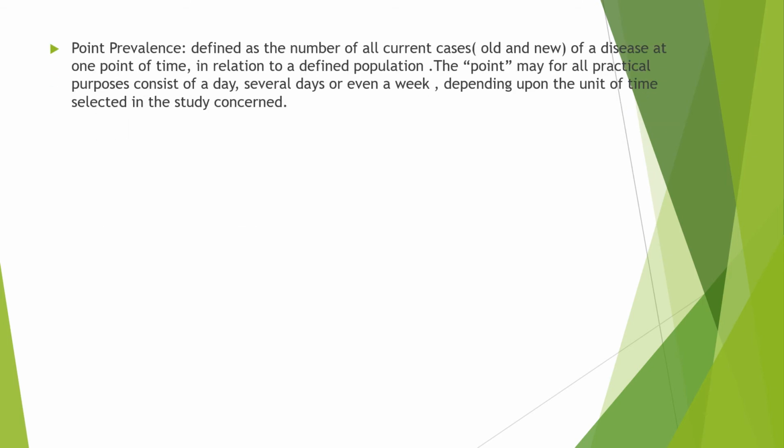It is defined as the number of all current cases, old and new, of a disease at one point of time in relation to a defined population. But for all practical purposes, this point may consist of a day, several days, or even a week, depending upon what unit of time has been selected in the study concerned.